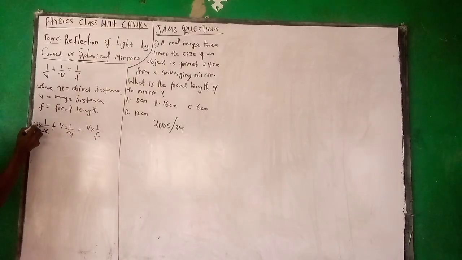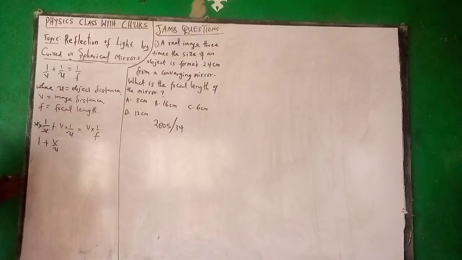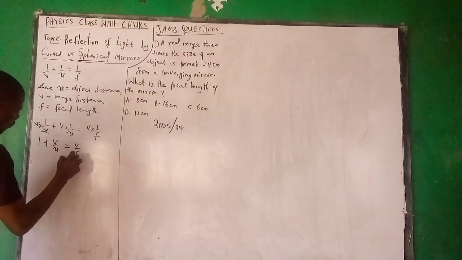This cancels this now. Remaining 1, right? 1 plus this time is what? Is V by U, then equal to what? This time is V over F.